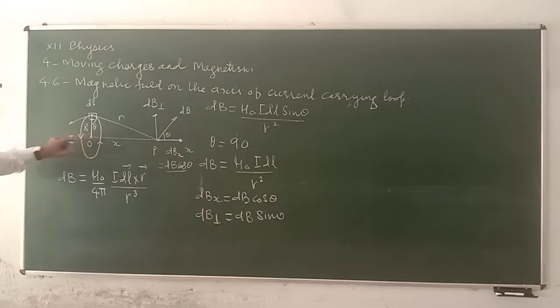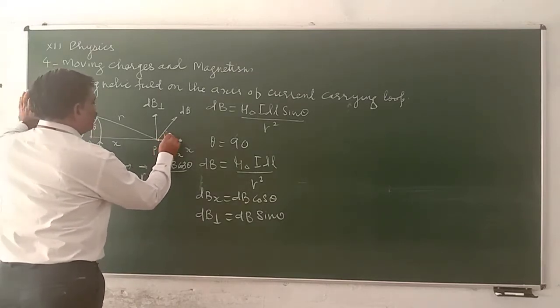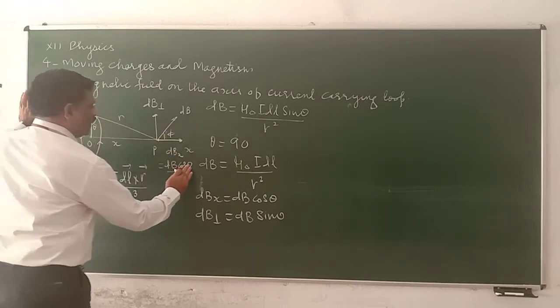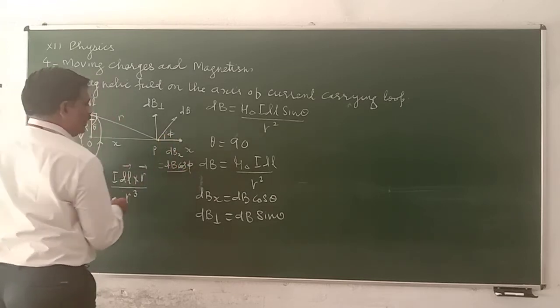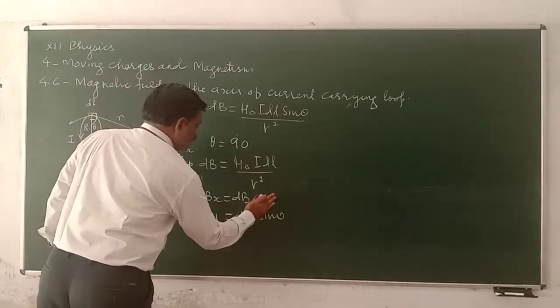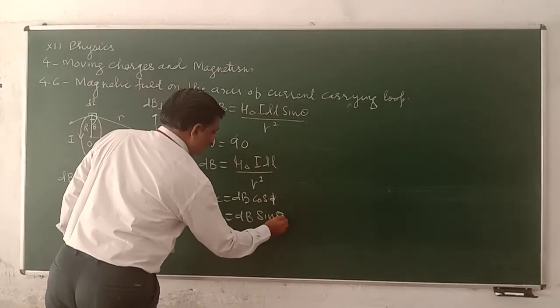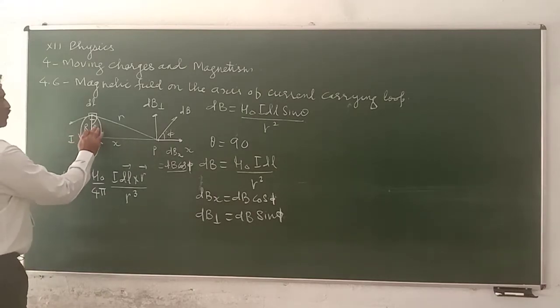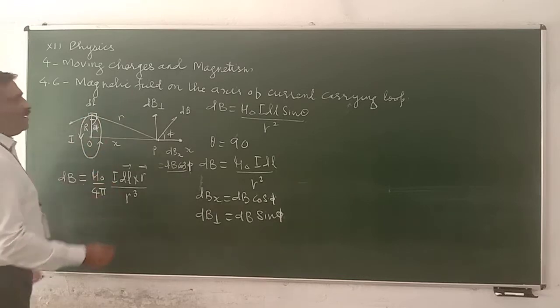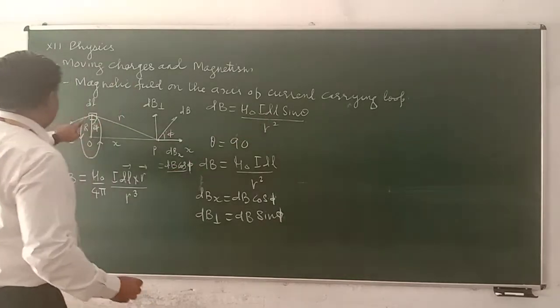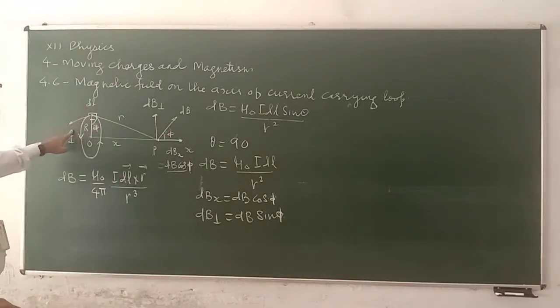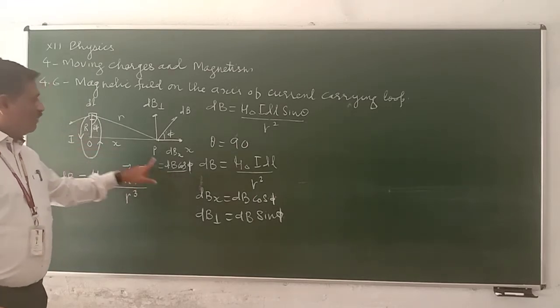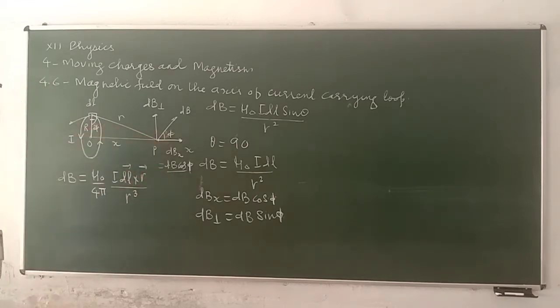This angle here, we can take as phi. Do not take it as theta; take this one as phi. The same angle will come here also. The angle between dl and R is 90 degrees, but this angle and this angle are the same.